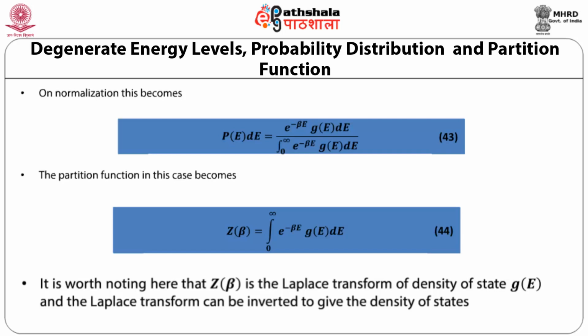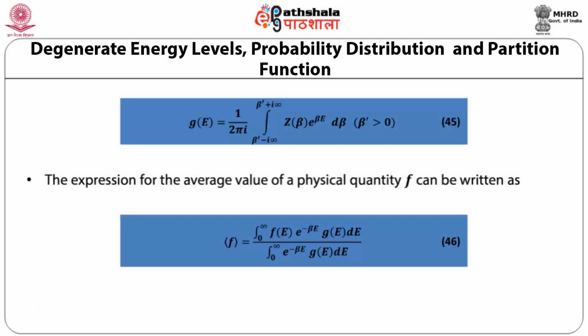It is worth noting here that the partition function as a function of beta is the Laplace transform of the density of states g(E), and the Laplace transform can be inverted to give the density of states. g(E) is equal to 1 upon 2 pi i times the integral from beta prime minus i infinity to beta prime plus i infinity of the partition function multiplied by e raised to power beta E d beta, where beta prime is greater than 0.